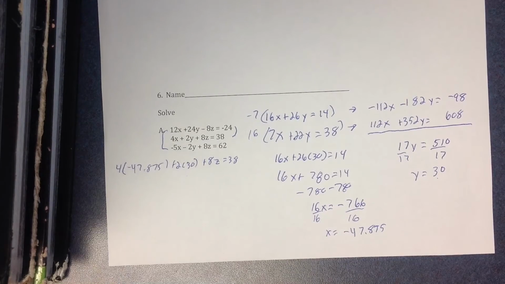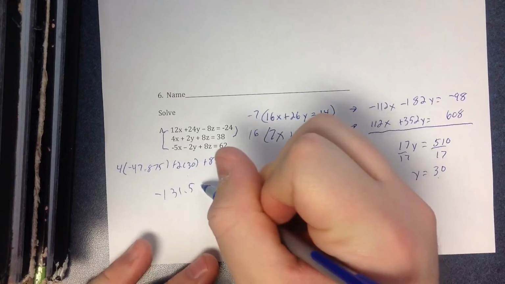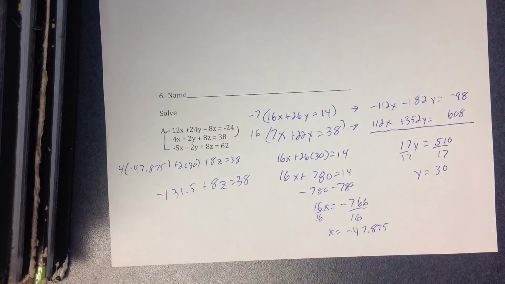So if I take 4 times negative 47.875 plus the 2 times 30, which is 60, I get negative 131.5 plus 8z equals 38.